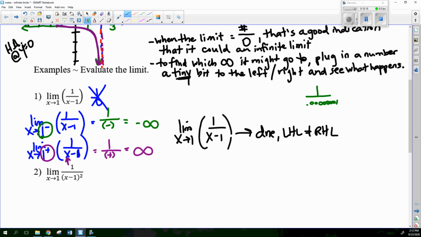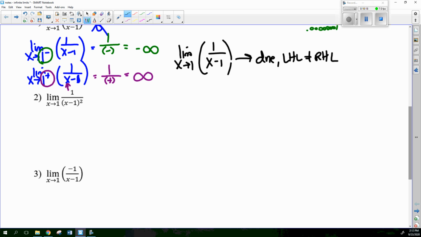Okay? Now, in the next example, all right, I've squared the bottom. Okay, so the bottom is always going to be squared, all right, in this particular problem. So direct substitution still gives me 1 over 0, which is still not okay. But think about what our process will give us. If we check one from the left, but the bottom is always squared, and again, I'm saying a tiny bit to the left, inside the parentheses we will get a negative, but then we're going to square it, so it's going to be a really tiny positive.